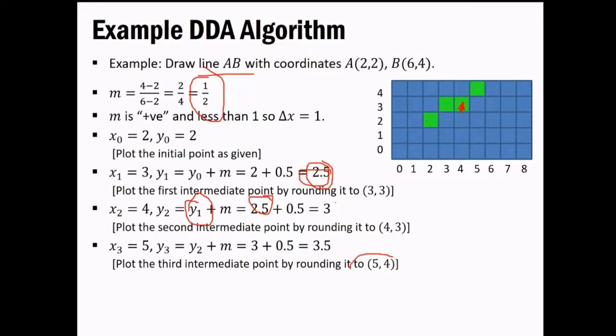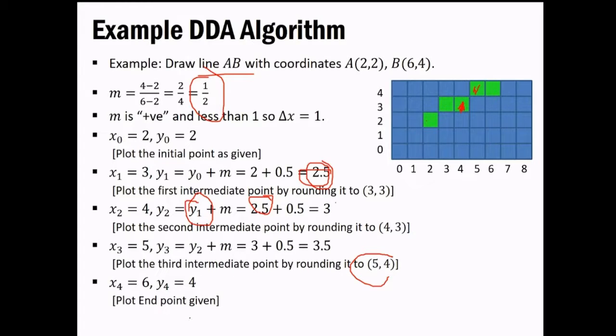So where is (5, 4)? (5, 4) is here. You plot it exactly there, you don't plot on your own. The very next thing you get, by incrementing the x value, is 6, and by putting it in this equation, the y value is 4.